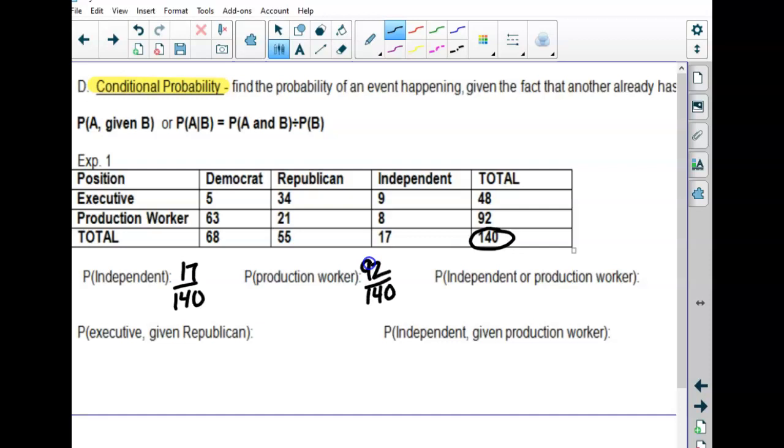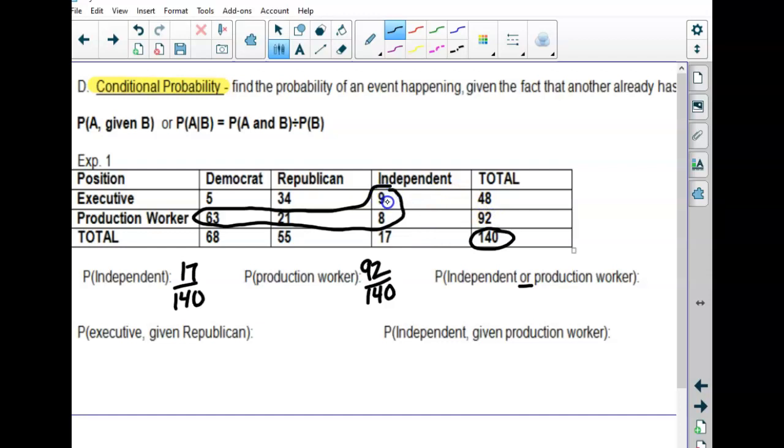If it was a quiz, you'd reduce these, but for your notes, it might make sense to just leave it so you knew where you got the numbers. All right. We did this a little bit yesterday with an or. It means you have to count everybody who's a winner, right? Independent or a production worker. So you have 63, 21, 8, and 9, all of these people. Does everybody get that? There's several ways you could do it. Probably the fastest way would be to take all the production workers and add these extra 9 independent people.